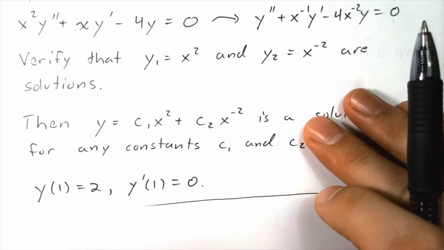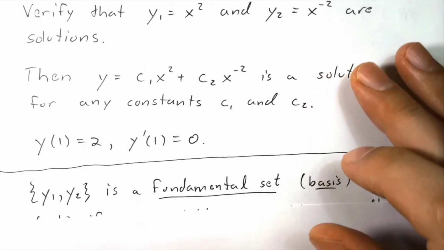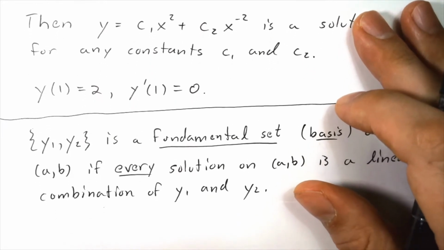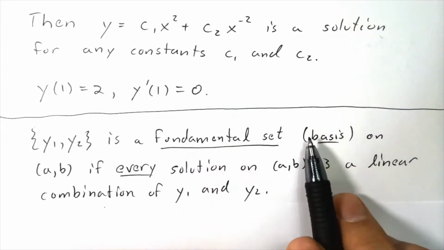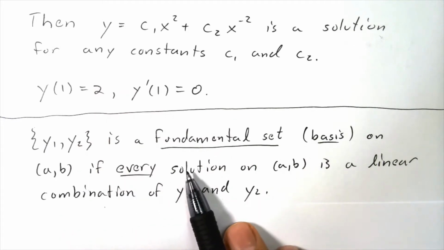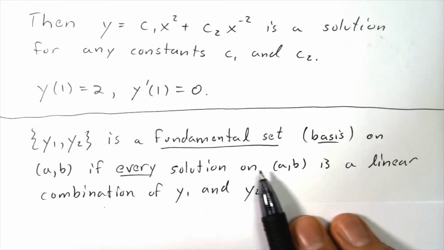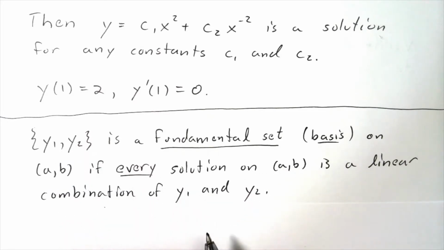So the first thing we're going to talk about is what a fundamental set of solutions is. Okay, so a pair of solutions is a fundamental set or a basis on an interval AB if every solution on AB is a linear combination of those functions.